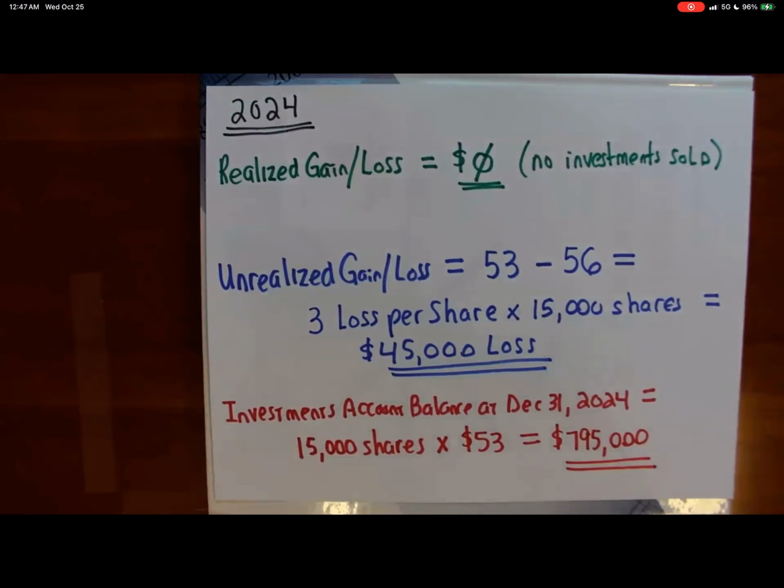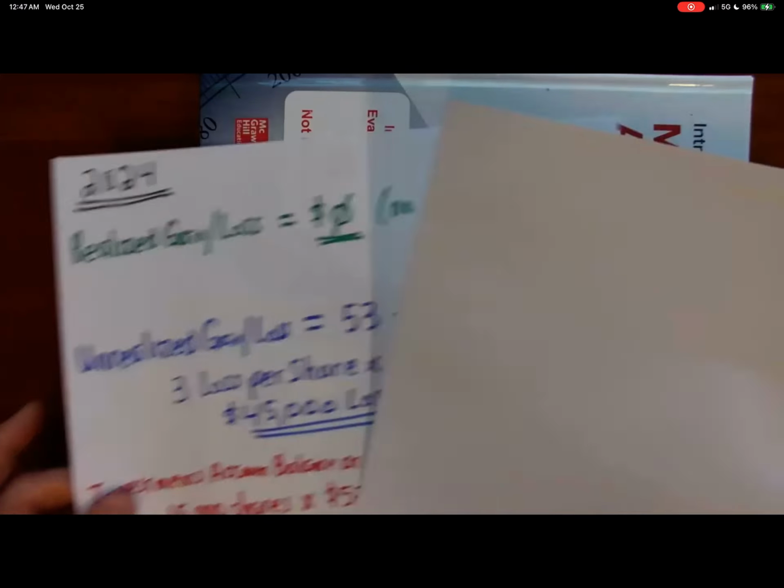Those are the calculations you got to be able to do. Before I ask for a volunteer, any questions on any of the work that I did here in 2024? Well, let's see if we can get somebody to do a little bit of work as well. Go ahead, volunteer.